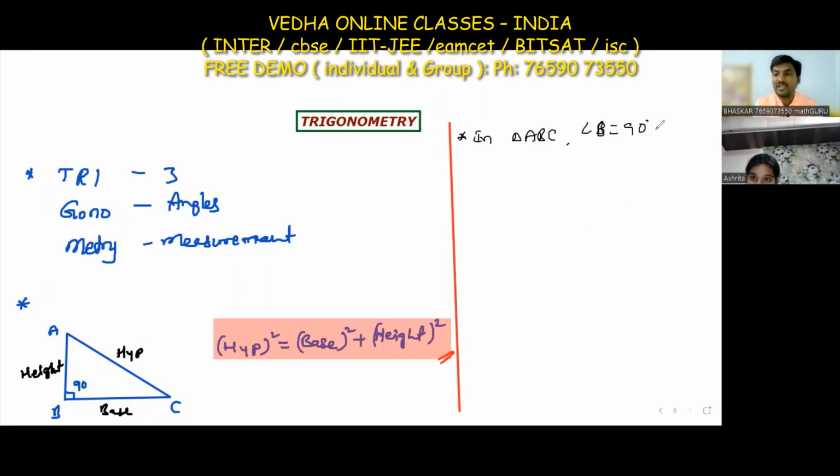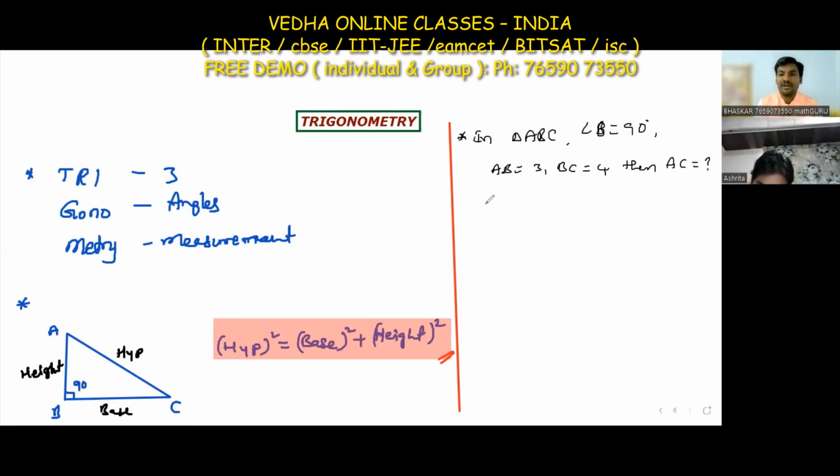Remember. So angle B is 90 degrees, AB is 3 and BC is 4. Then what is AC?